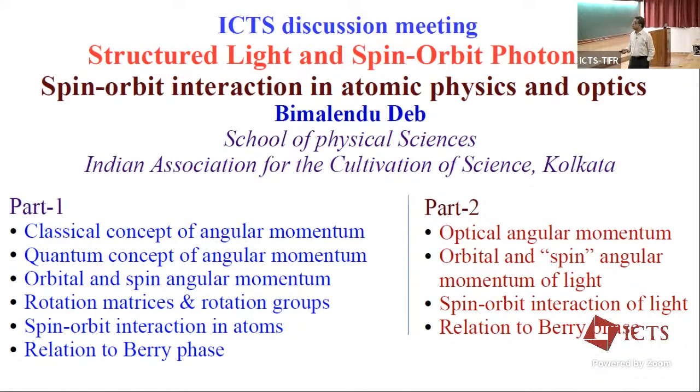So optical angular momentum is not a very new thing. So what is new, I would emphasize that. When you separate optical angular momentum into orbital and spin angular momentum, how do they interact between them, and how the experimental realization of these aspects of optics, that is the new. That development took place in the last 30, 40 years.